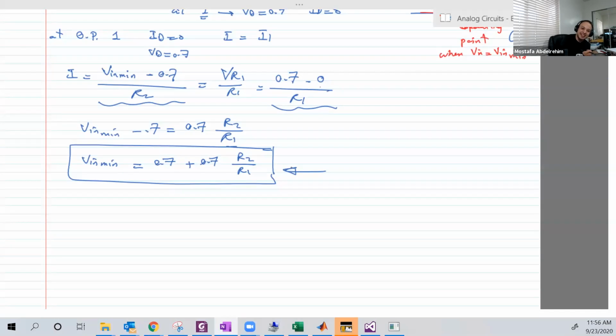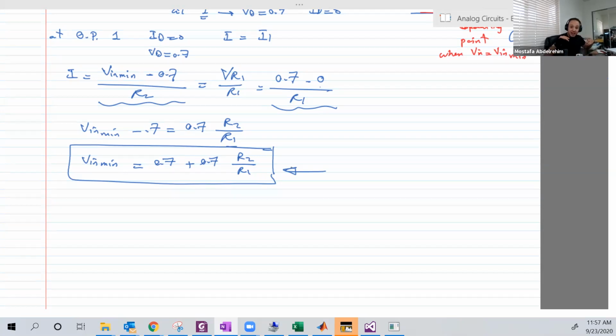That's right, because basically you put a short circuit. So whatever the value of V input minimum, the diode will never turn on because it has a short circuit in parallel. So the voltage drop across the diode is always 0. Whatever the value you have in the input, this will never turn the diode on. Okay, that's a very good catch.